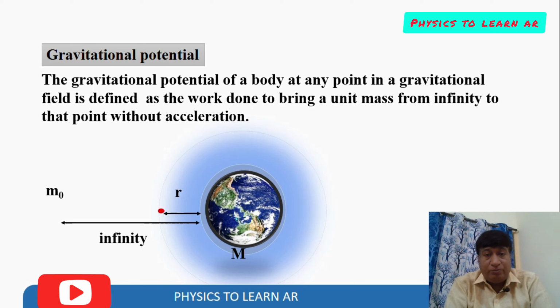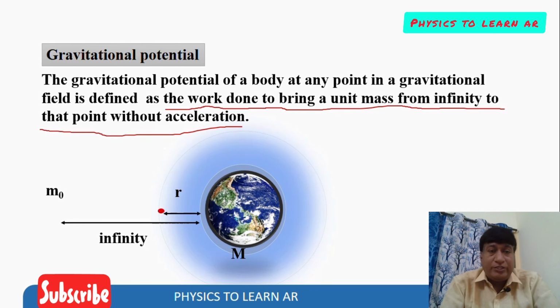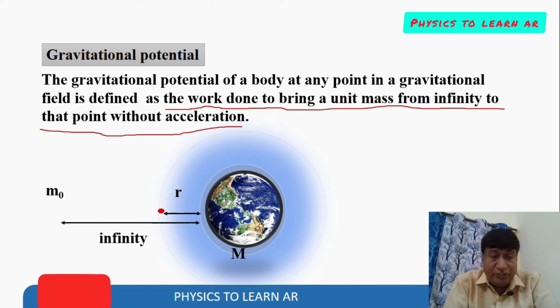The gravitational potential at any point in a gravitational field is defined as the work done to bring a unit mass from infinity to that point without acceleration. This is the basic definition. Initially the object m0 is at infinity, and we bring it to a distance r.